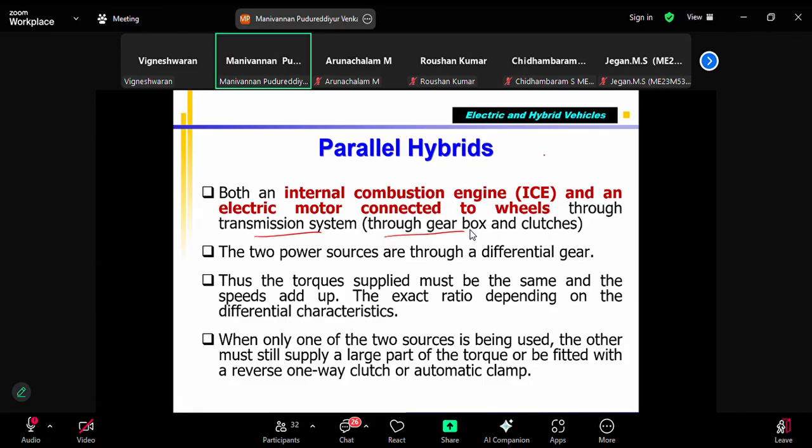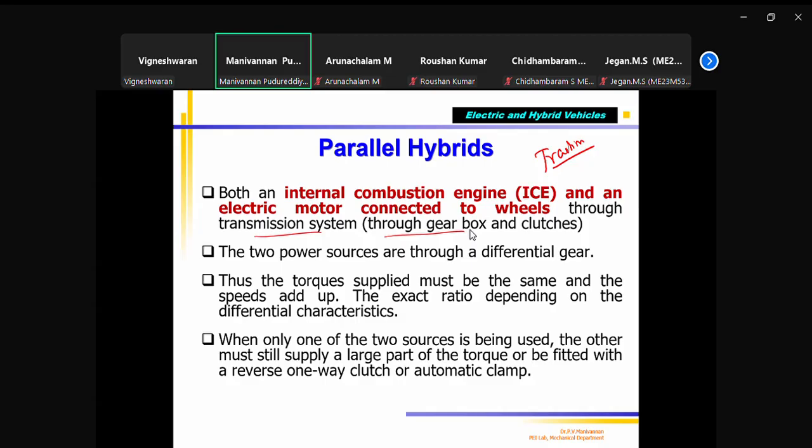We call it traction. The tractive force is generated by the engine or by the motor, which overcomes all the friction: engine friction, gearbox friction, transmission friction, and road friction between tire and road. Then, if the torque generated is sufficient, only then does the wheel start moving.